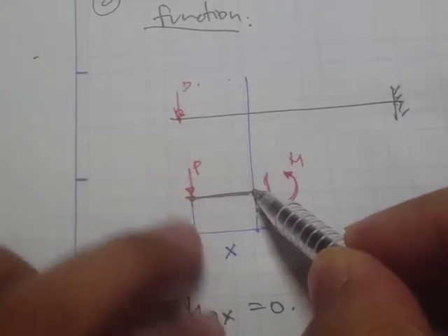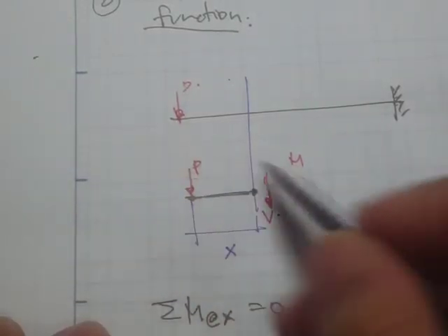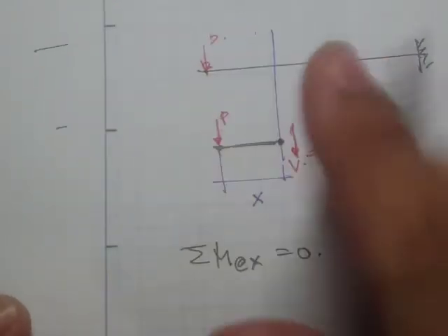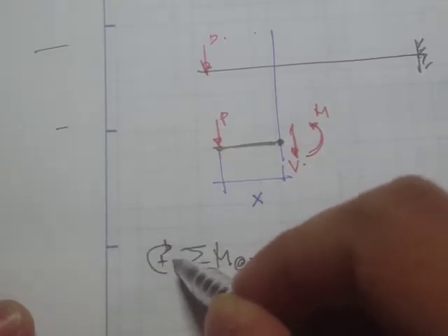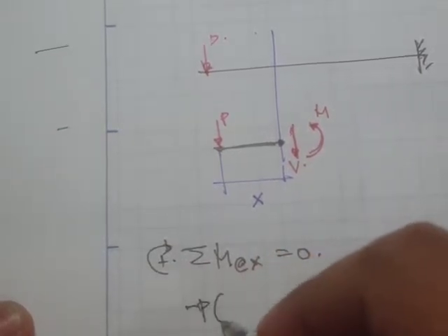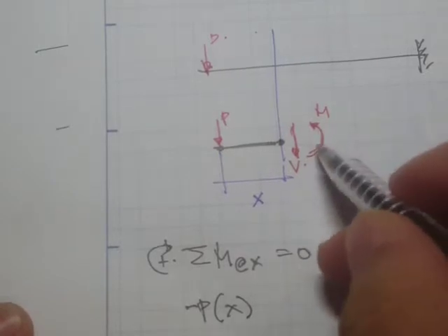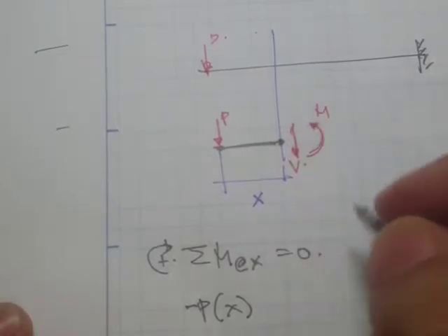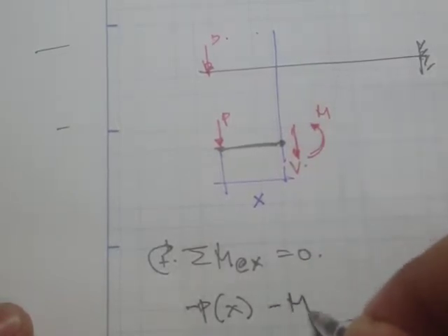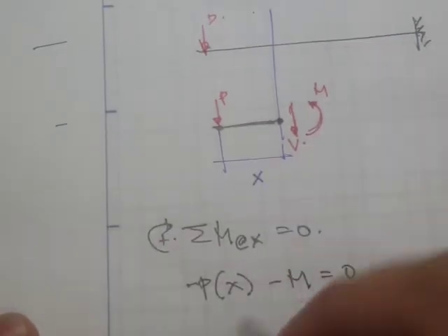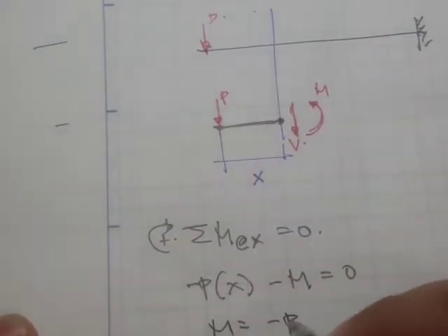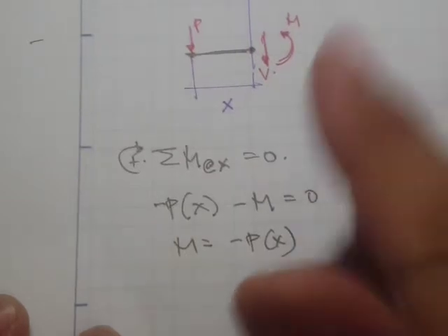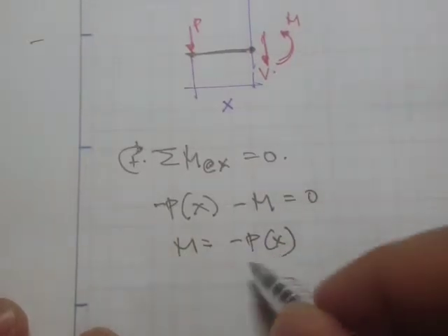From here, this P produces a counterclockwise moment, so that's going to be negative P times the moment arm of x, right? Minus, also this one is counterclockwise, so this is minus M equal to 0. Therefore, M is equal to negative P times x.